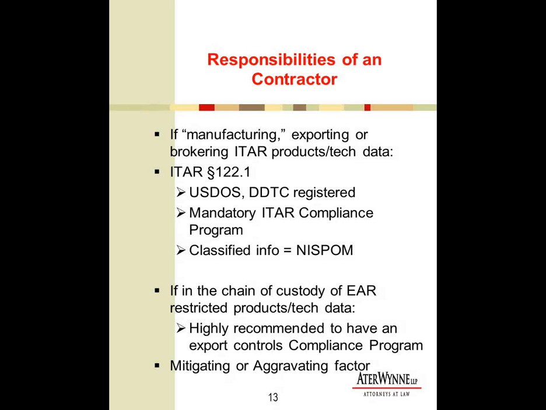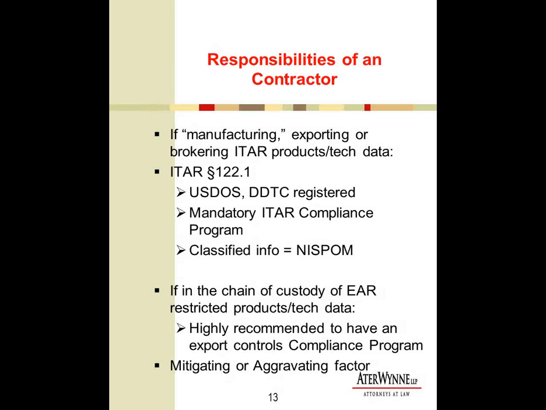And so, as I mentioned before, taking an example of a contract manufacturer, if you find out from your customer that the product you've been asked to produce, that you've been asked to manufacture, is subject to the ITAR, you need to have an export controls compliance program consistent with and compliant under the ITAR.